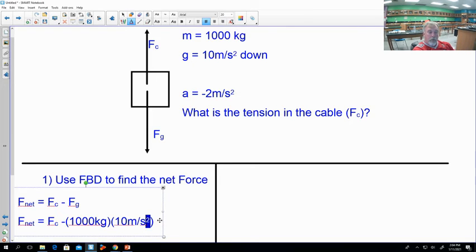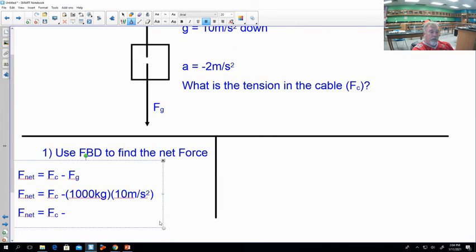So let's plug those in. What do we get for our answer? We're going to get F net equal to FC minus 10,000 newtons.